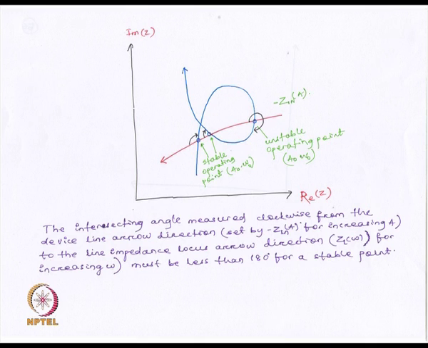So the condition for stability was given by that equation which I showed previously. But what does it mean graphically?